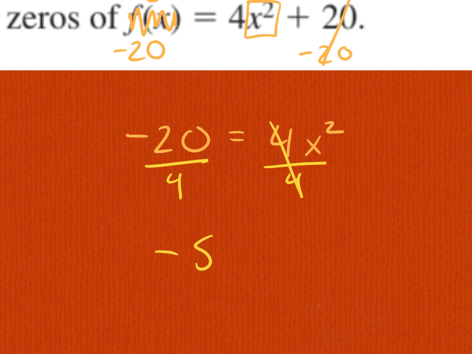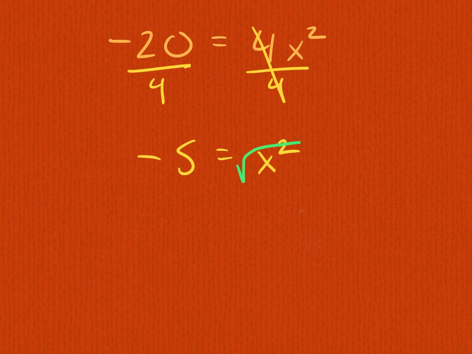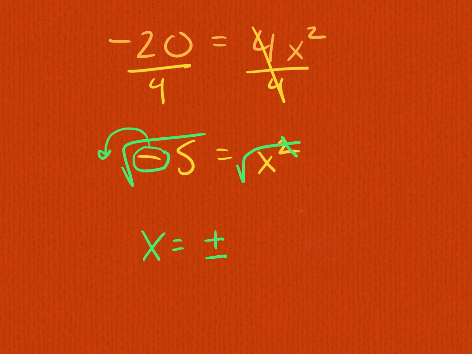So negative 5 is equal to x squared. Awesome. Then we're going to take the square root of both sides to get rid of the squared. So be careful. Anytime we take the square root of both sides, what do we need? Plus or minus. Can we simplify the square root of negative 5? We can take the negative out, and what does it turn into? An i, so it'd be i on the outside, i square root 5. Awesome. So plus or minus i square root 5.